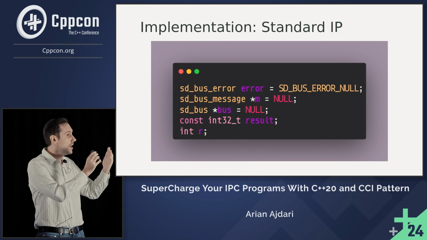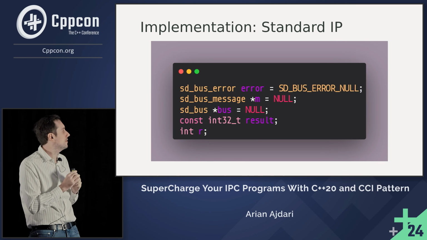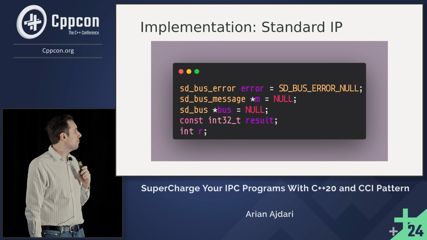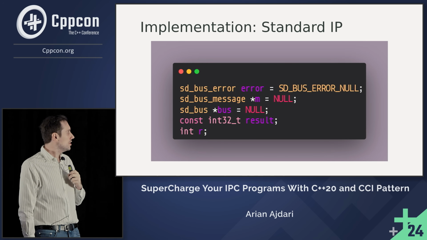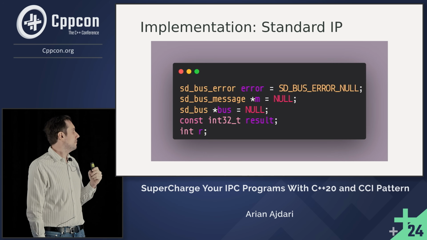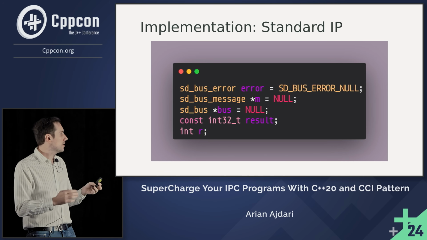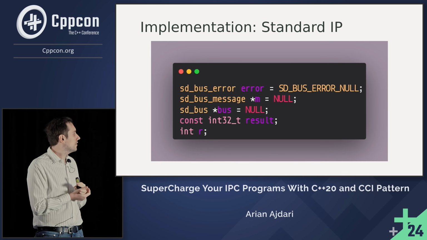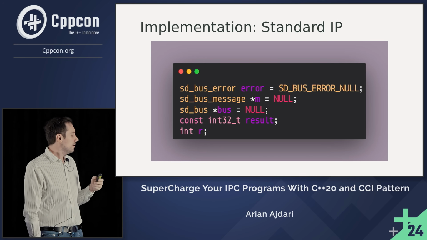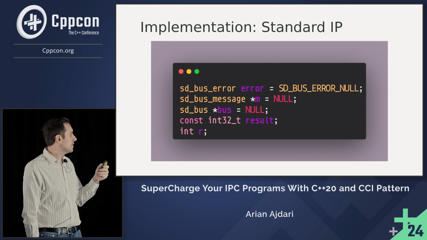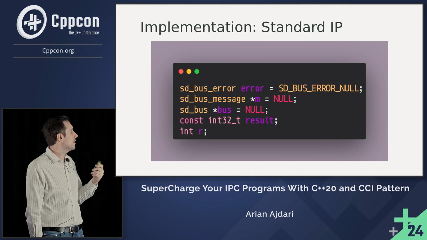That's how we are applying the contract provided by systemd. Then we need to declare a pointer of type sd_bus_message. We need to declare the bus itself as an sd_bus pointer. In order to store the results, whether it was successful, we just declare a constant int32. And when the methods are executed from D-Bus, if we want to get the results back, we just store them in a variable called r.